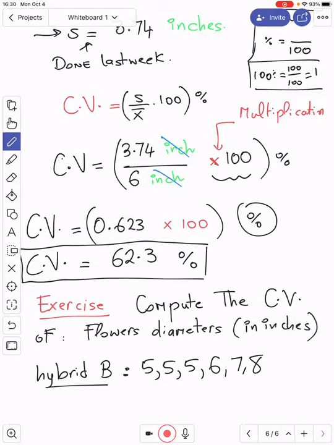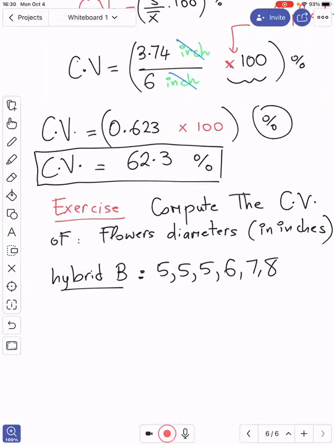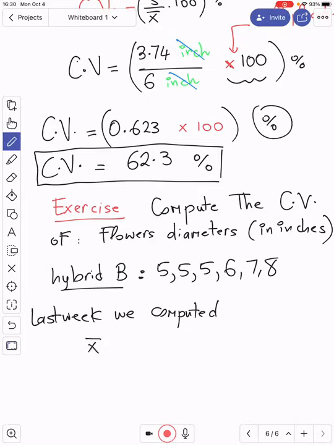Just to remind you guys, you don't have to compute X bar and S again because we did it last week. We computed the X bar of this sample. It's also 6 inches.